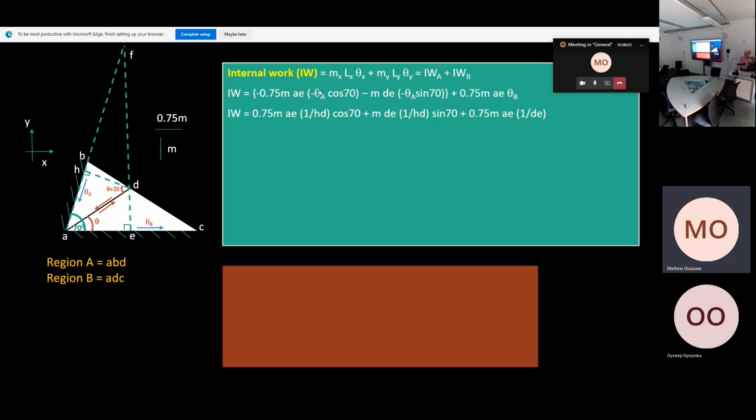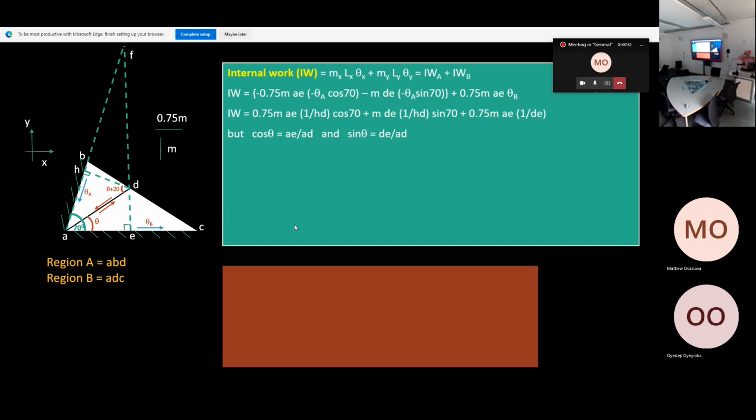Minus and minus becomes a plus, so that's gone. Similarly, here I've substituted theta A by 1 over hd. And finally, the rotation theta b will be equal to 1 out of plane over dE. So it gives me this. I've substituted theta a and theta b by the lengths.